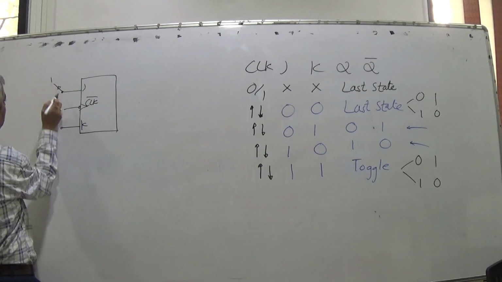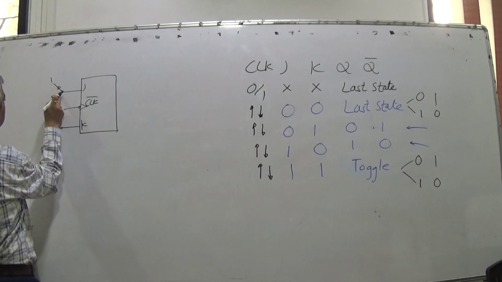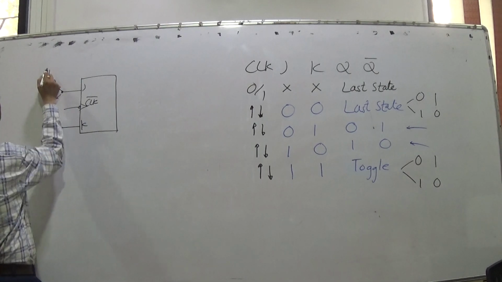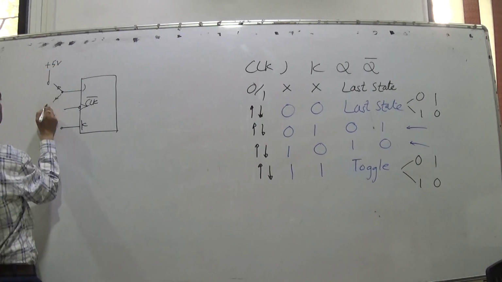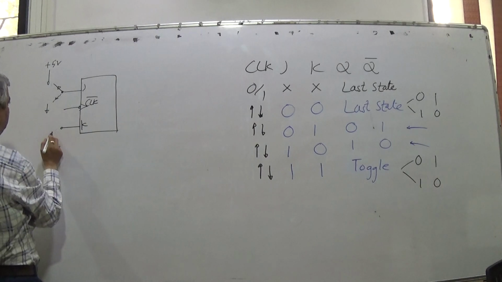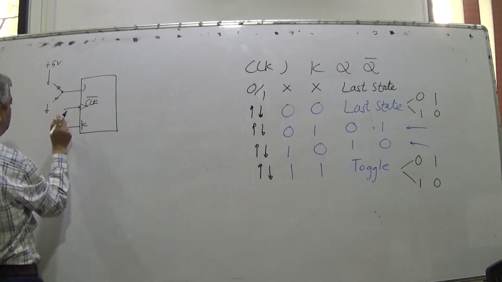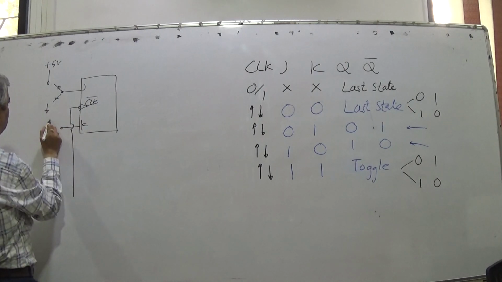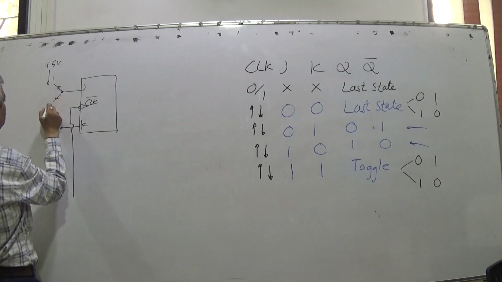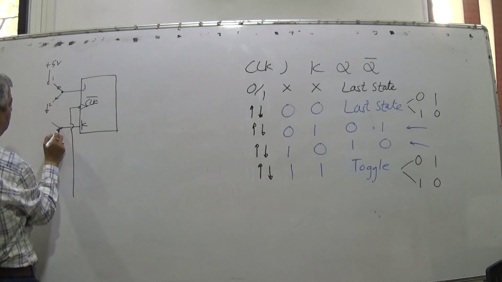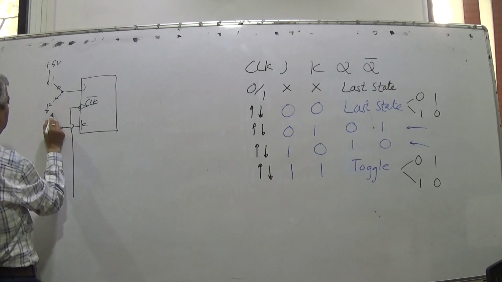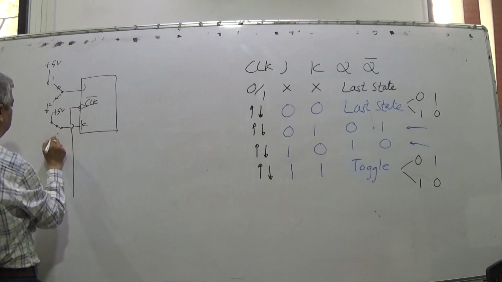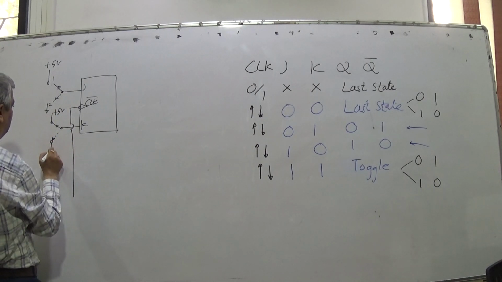I can put it to 1 or to the other position; this is plus 5 volts, this is ground. Same thing for K: this is position 1, this is position 2, plus 5 volts and ground. And for the clock, I will have a separate arrangement here.